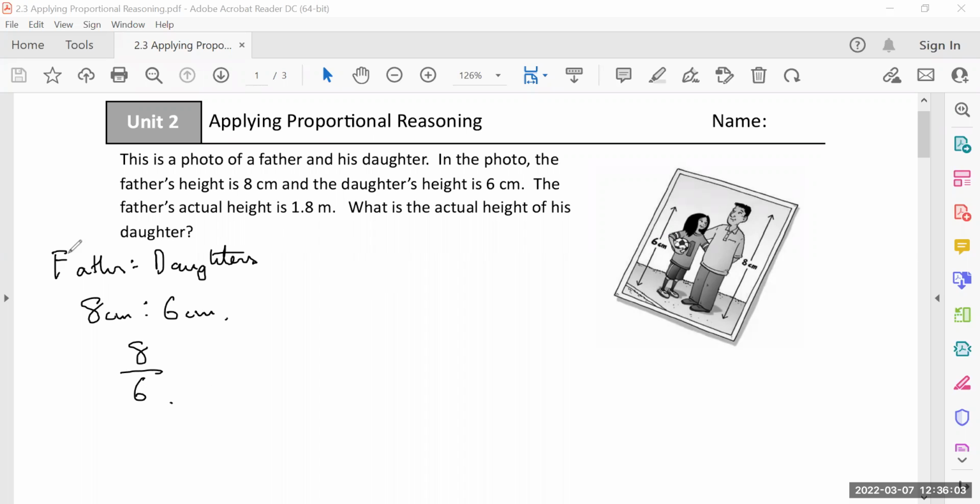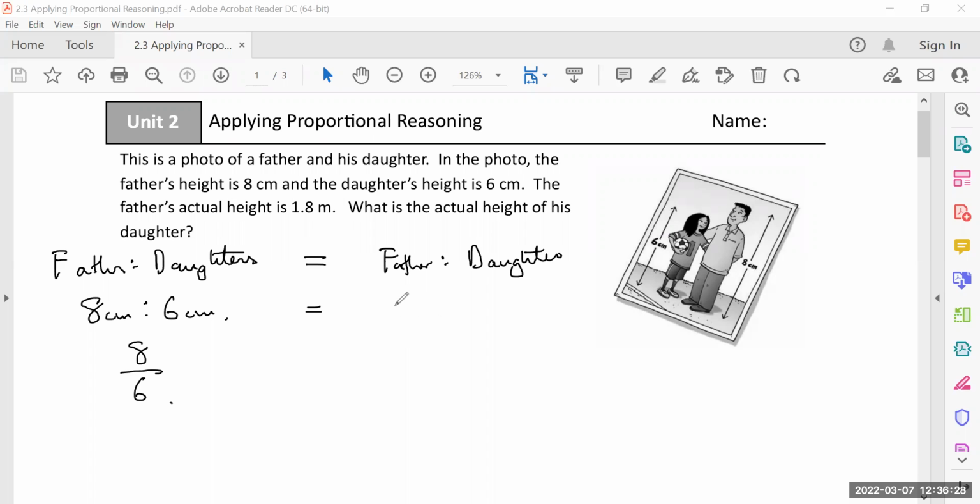Now, the ratio of father to daughter should not change whether it's picture or real life. Whether it's a snapshot in space or comparing between each other in real life, it's not going to change. And so the ratios should be the same as well.